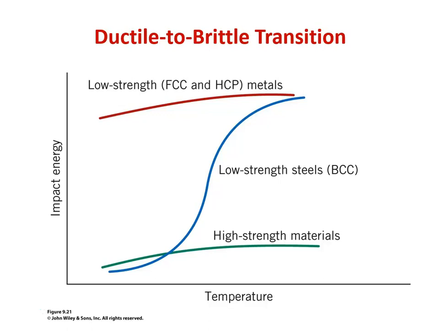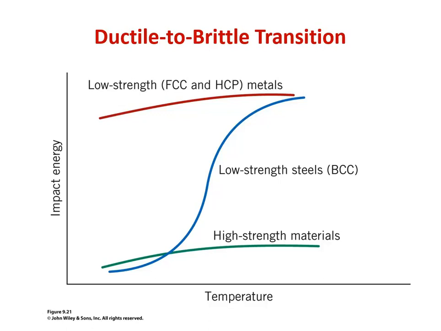And these are the types of results that we typically get. So if we plot impact energy, which again is the difference between the original height of that pendulum to the final height, versus temperature for given materials, we can see that, for instance, face-centered cubic and hexagonal close packed, even though hexagonal close packed is not very ductile, it can still absorb quite a bit of energy on impact.